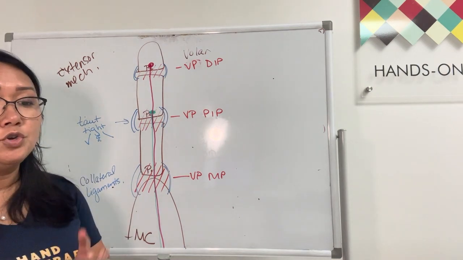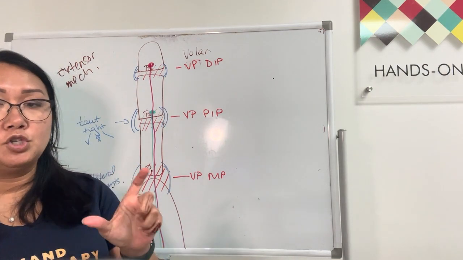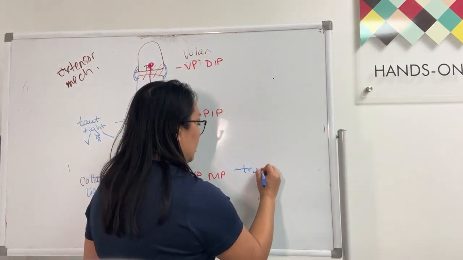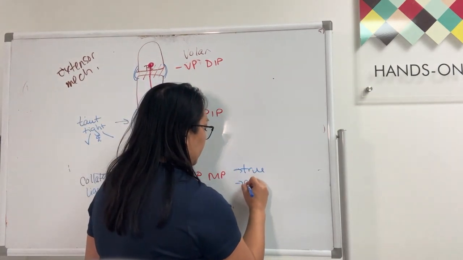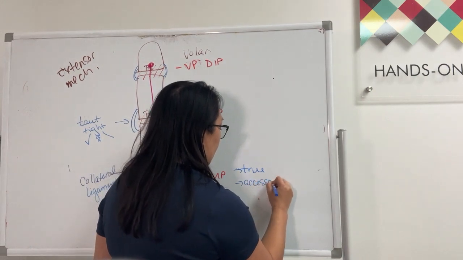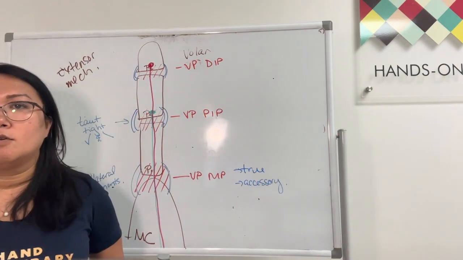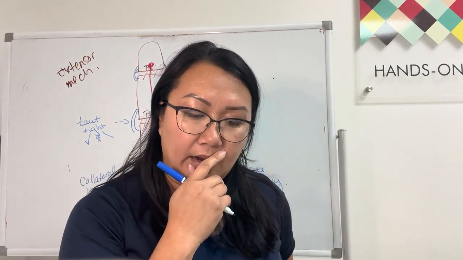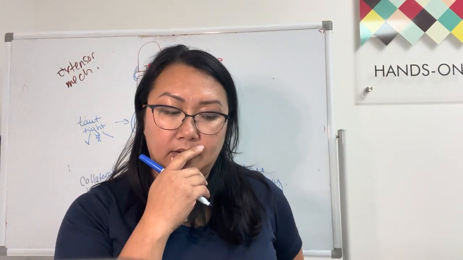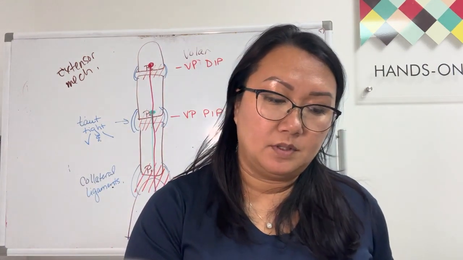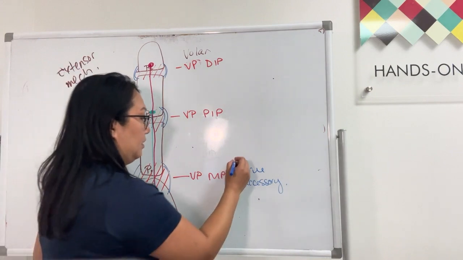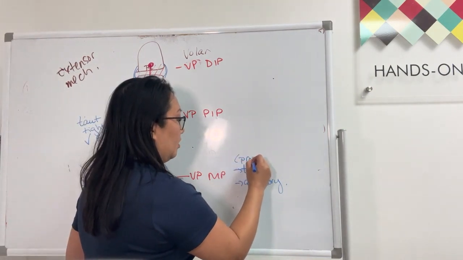There are two parts to it. It's the true and the accessory. I think I was looking at a really old note, and there's another word for proper, also known as proper.